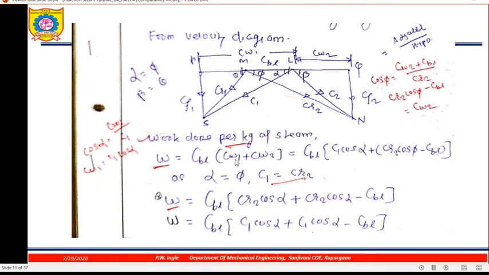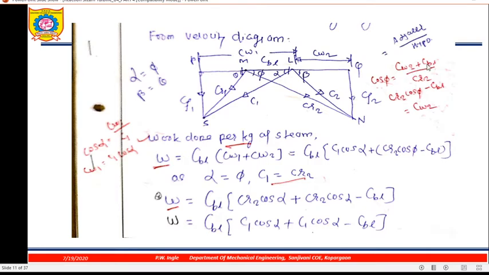What is CW1? Cos alpha equal to CW1 by C1, so CW1 is C1 cos alpha. So we have written here C1 cos alpha. Now it is CW2. We will take cos phi. This is the phi angle. So cos phi equal to vector MQ, which is the addition of CBL plus CW2.